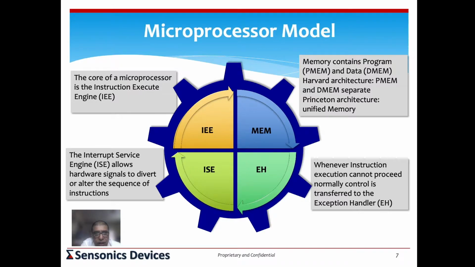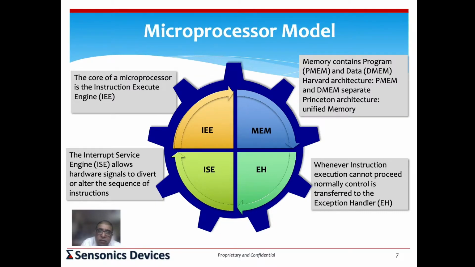The memory is the second piece, which comprises two parts, the program and the data memory. You could have both these memories integrated into a Princeton architecture, or they could remain separate in a Harvard architecture. But that's the memory piece. The hardware that addresses the memory is part of the microprocessor design.